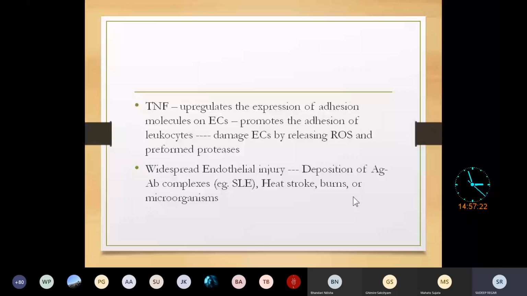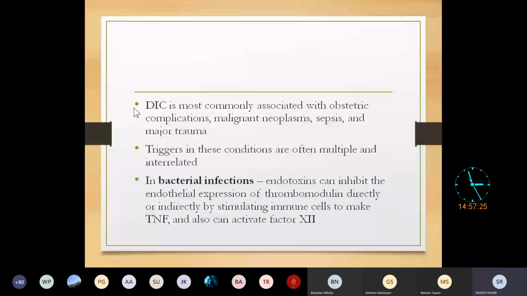And DIC is most commonly associated with obstetric complications, which we have already talked about. The triggers in these obstetric complications are often multiple and interrelated. We can't just say that in this case it is only due to endothelial injury, or only due to sepsis, but there can be multiple and interrelated triggers.